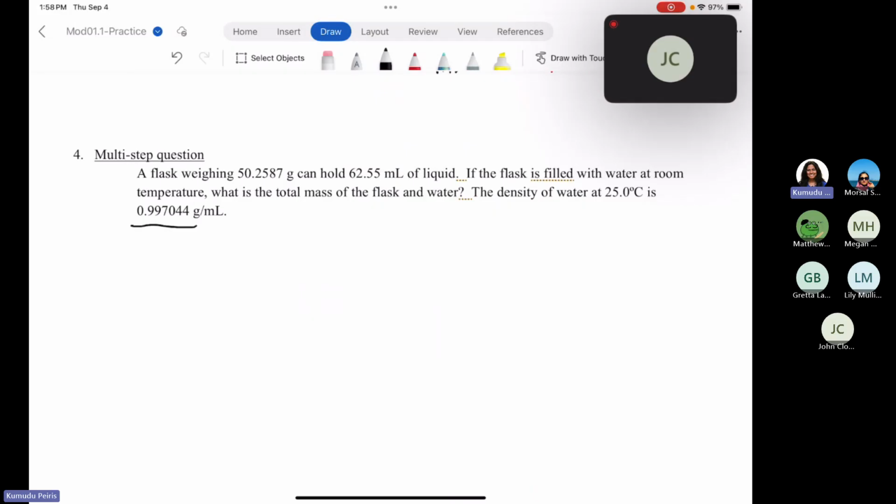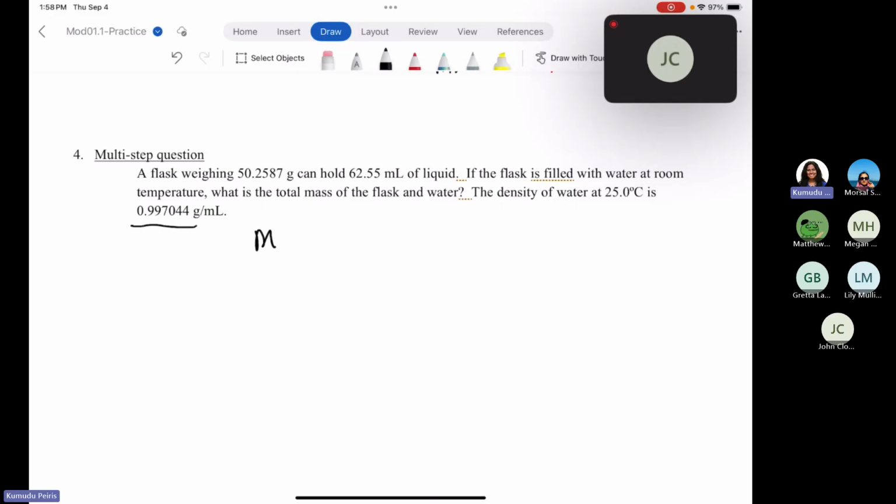So we cannot get rid of these numbers, because the value is correct up to this decimal place. So we have to calculate the total mass after the flask was filled with water.